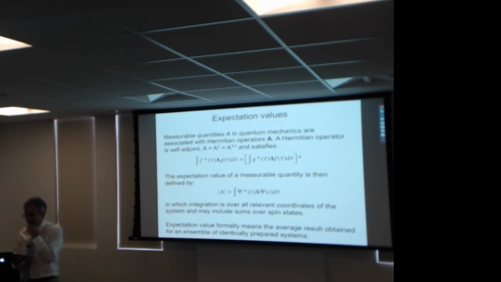Now, it turns out that some operators have another property: they're called Hermitian. A Hermitian operator has the property that it's equal to its own Hermitian conjugate, which sounds like a tautology.